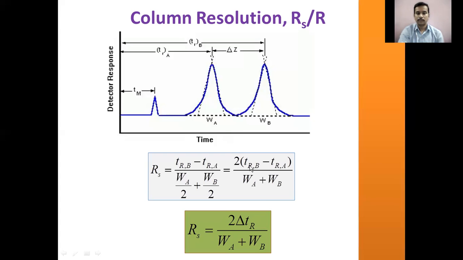Delta TR is nothing but the difference between the retention time of the strongly retained species and the retention time of the weakly retained species. WA and WB can be obtained at the baseline in the chromatogram. You can just substitute and you can have the value of RS.